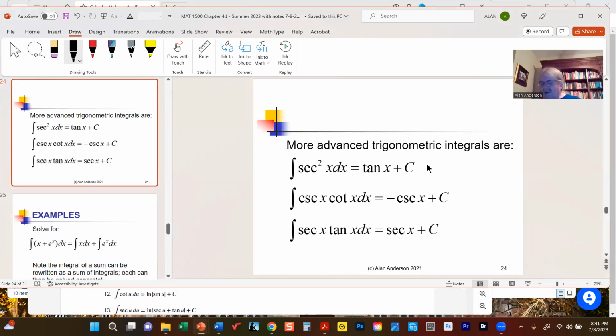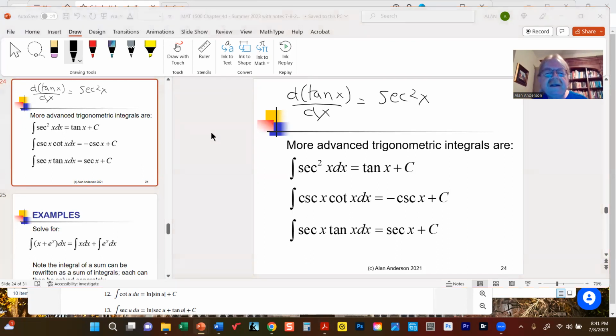And you can probably guess why, because you might recall that the derivative of a tangent is the secant squared. And if you forgot, well, now you remember. So it makes sense that if I integrate the secant squared of x, it'll bring me back to the tangent of x. And now some of these others are starting to look very complicated.